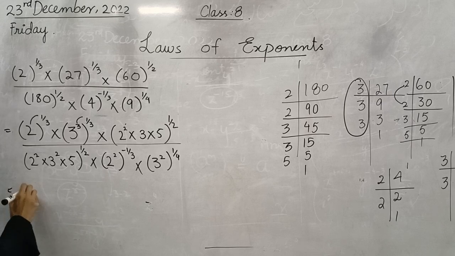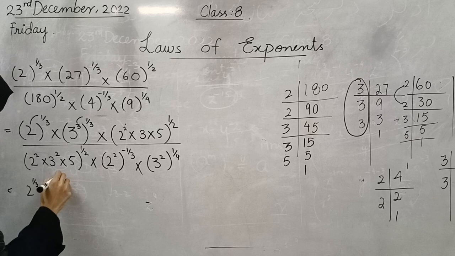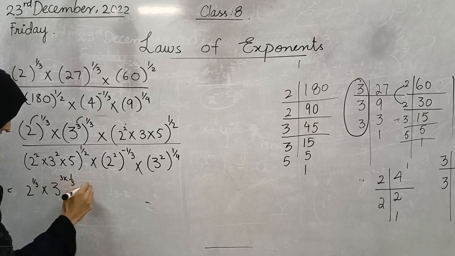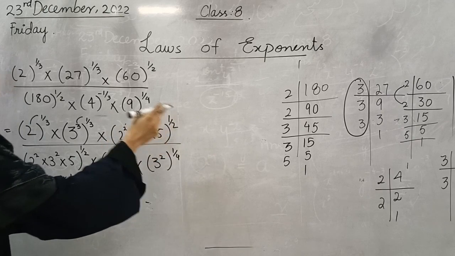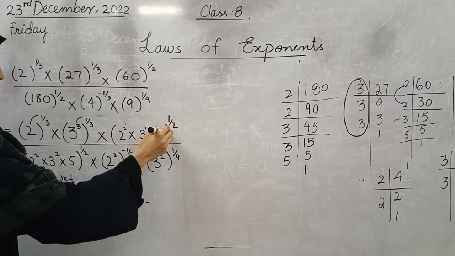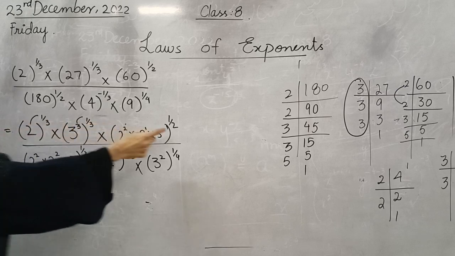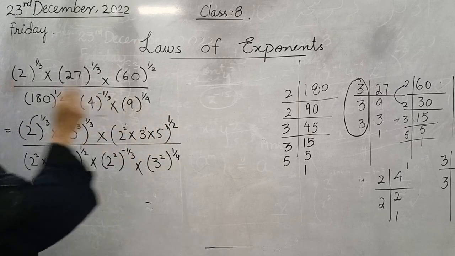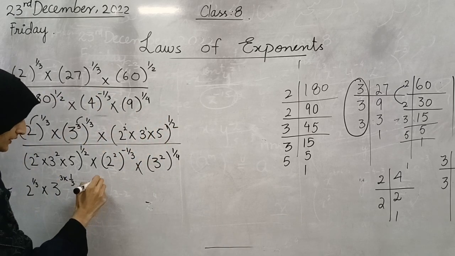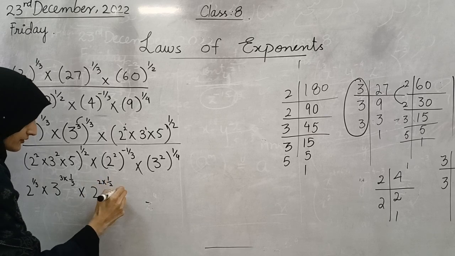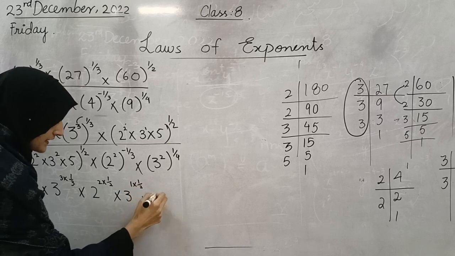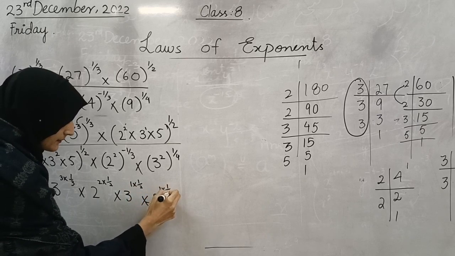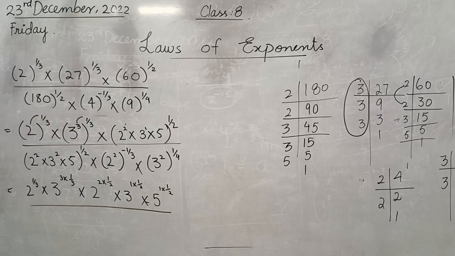Multiply and apply each power according to the given condition. We have 2 raised to power 1 by 3 multiply 3 raised to power 3 multiply 1 by 3 multiply 2 raised to power 2 multiply 1 by 2. This 1 by 2 will apply to each base individually: 2 raised to power 2 multiply 1 by 2, multiply 3 raised to power 1 multiply 1 by 2, multiply 5 raised to power 1 multiply 1 by 2.